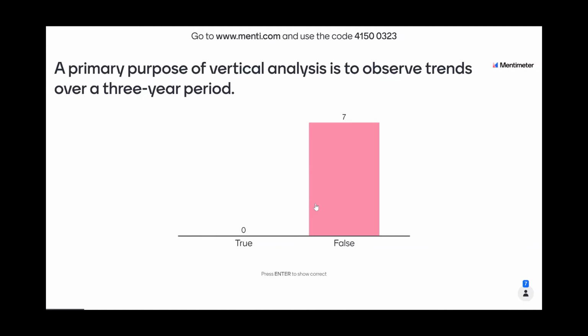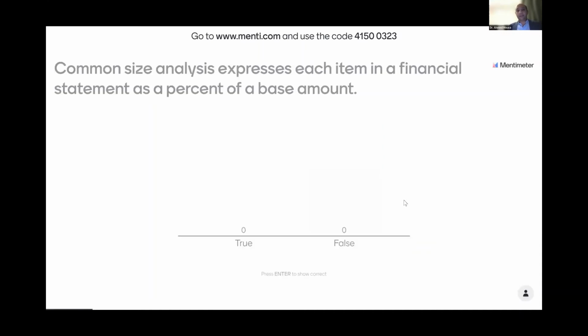A primary purpose of vertical analysis is to observe trends over a 3-year period. True or false? That's good. So yes, it's false, because with vertical analysis you make the analysis only for 1 year. But 3 years, this is actually horizontal. Amazing.